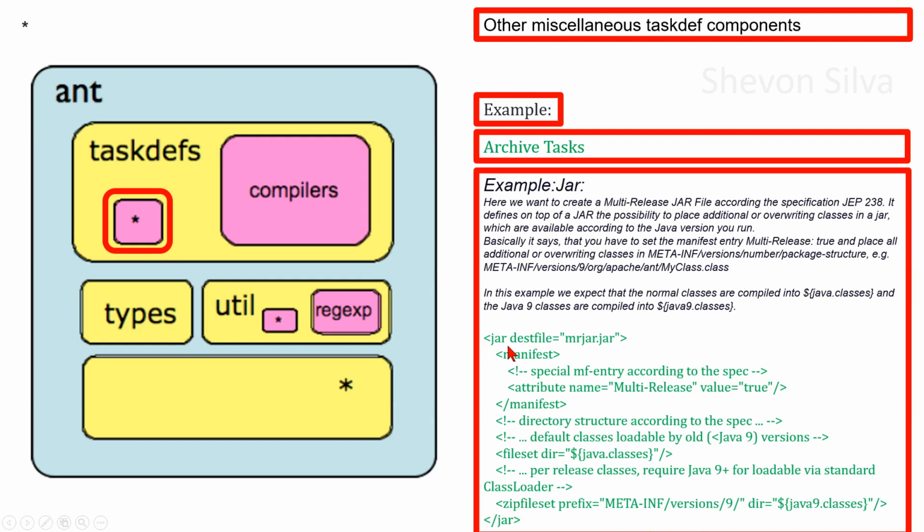Here you can see jar. It sets the jar's set of files. Here the destfile attribute is the jar file to create. Here, the manifest attribute is the manifest file to use.